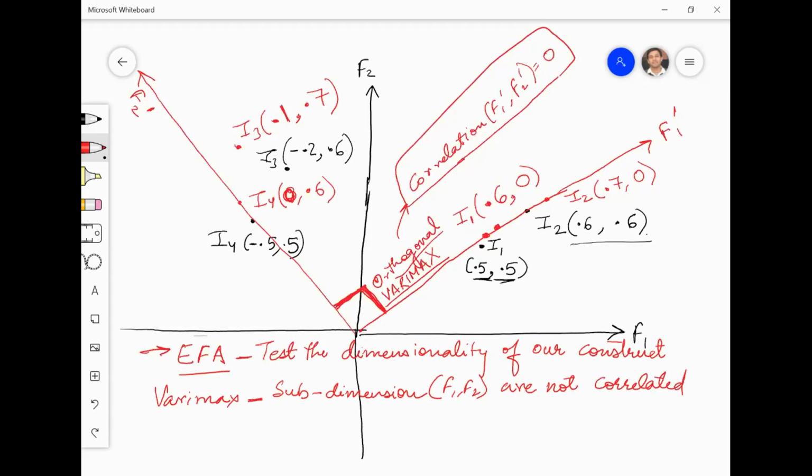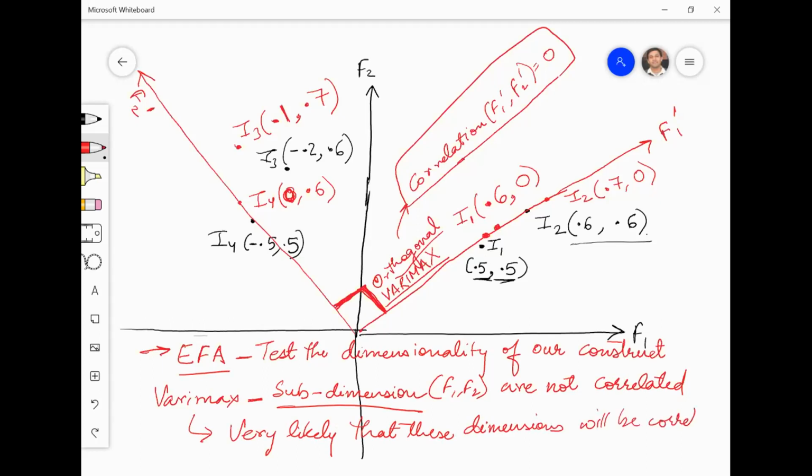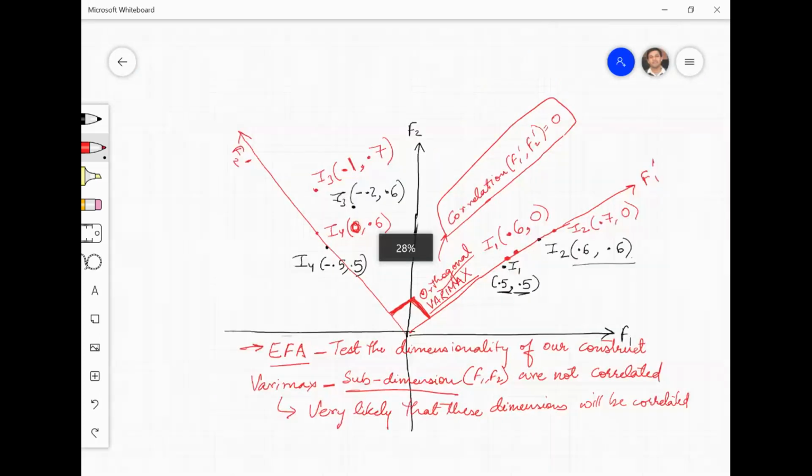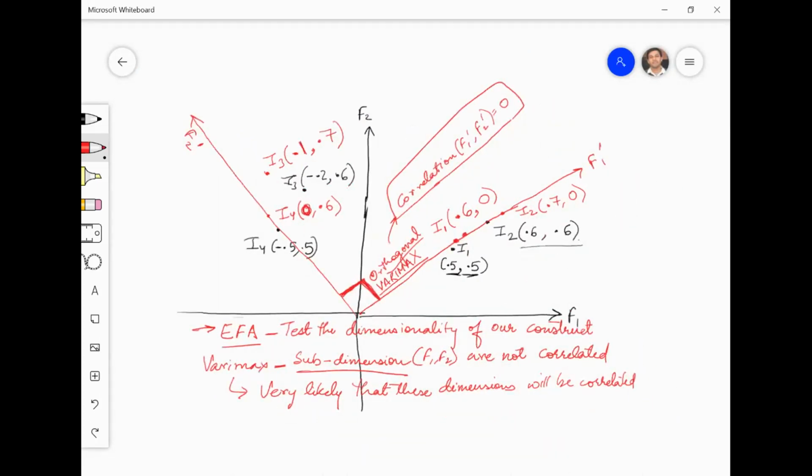This is a wrong assumption because these are dimensions of the same construct. It is very likely that these dimensions will be correlated. To force orthogonality is a very strong assumption and something that we should avoid.